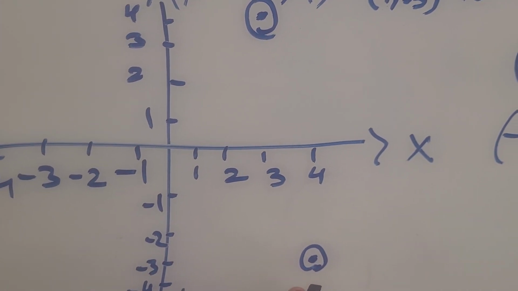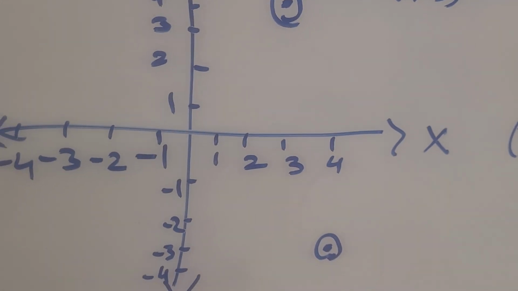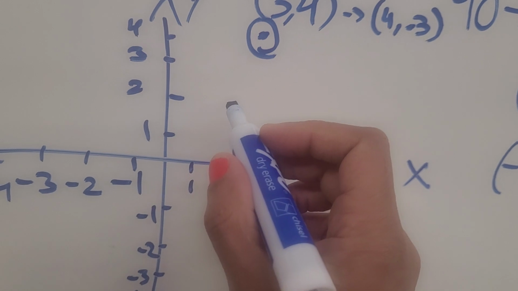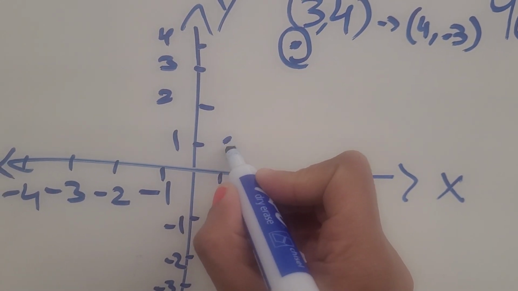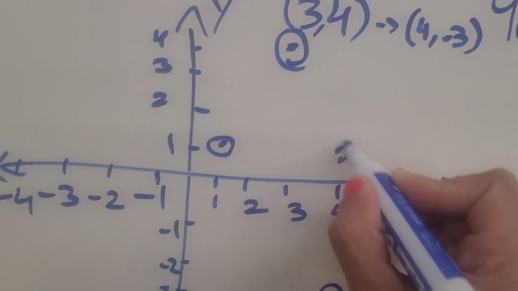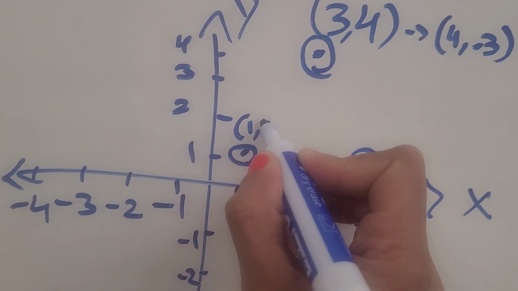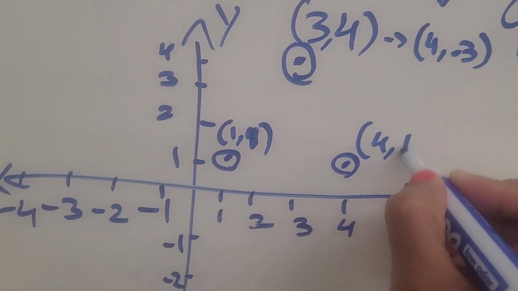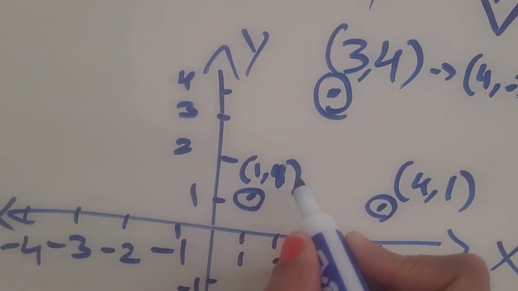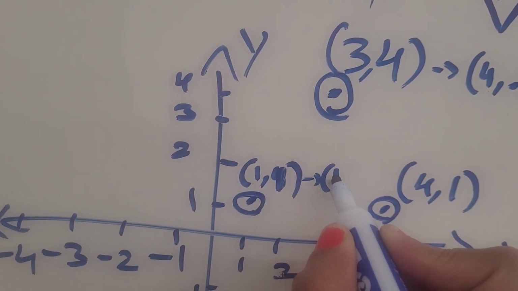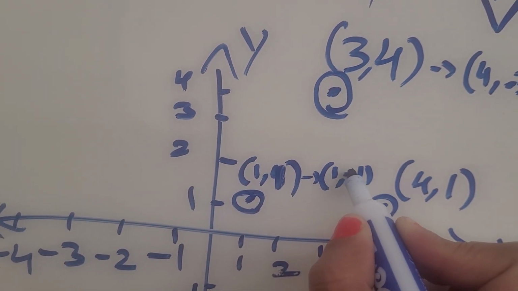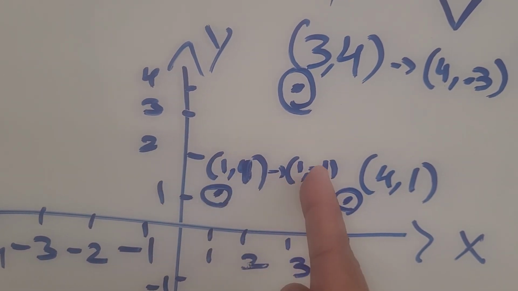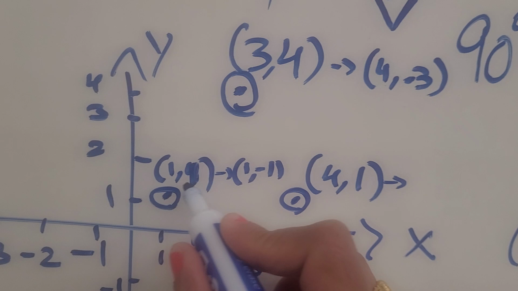So let us do it by taking an example of a triangle, where 3 comma 4 is one of the coordinates, and let's say 1 comma 1 is one of the coordinates, and 4 comma 1 is one of the coordinates. So when I rotate 1 comma 1, I change the coordinates and apply the negative sign. So 1 and the negative sign on x is minus 1, when it is rotated 90 degrees.